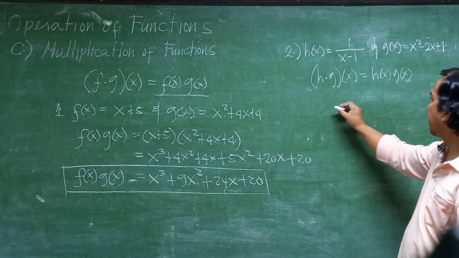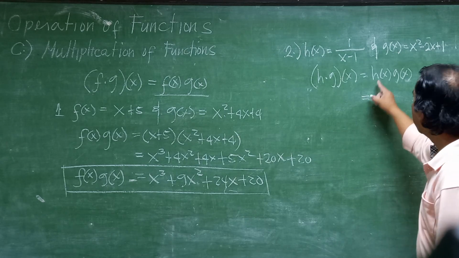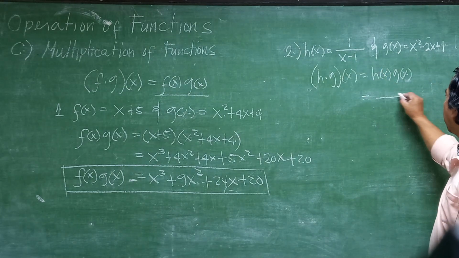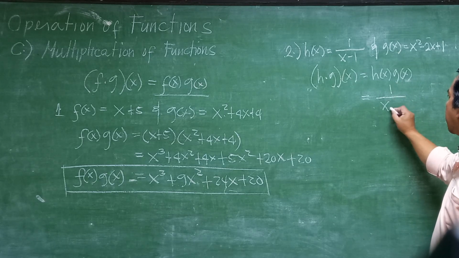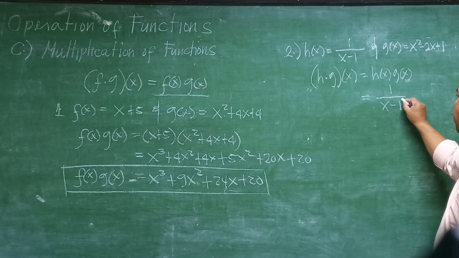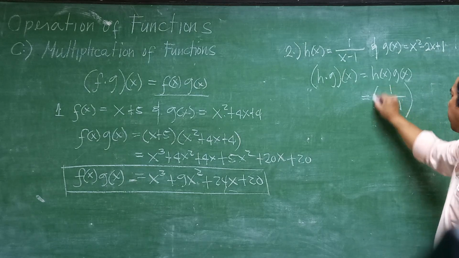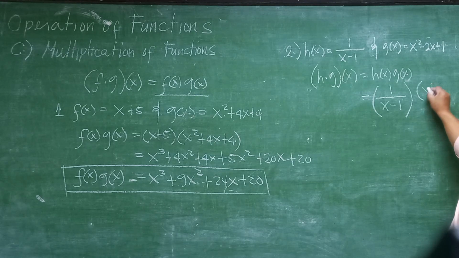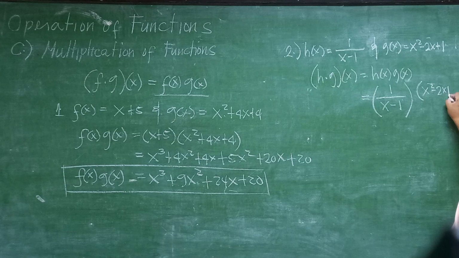So that is the same as saying, what is the h of x? H of x is 1 over x minus 1. Okay? Then what about the g of x? The g of x is the same as saying, we have in here x raised to 2 minus 2x plus 1.